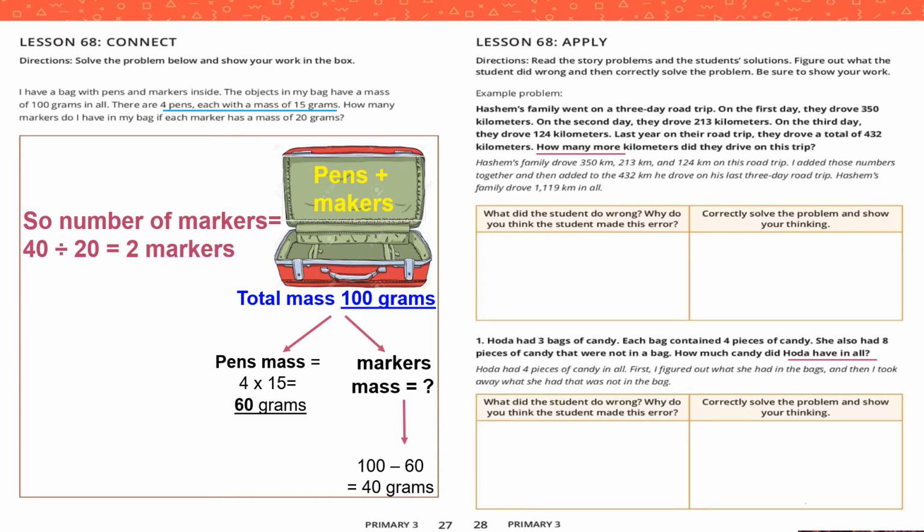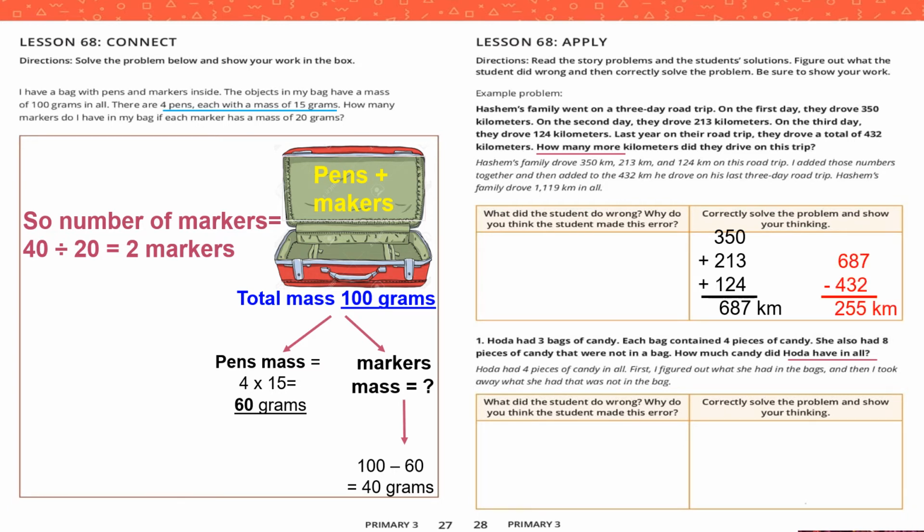Sure, I should subtract. So I will add the kilometers for the first day, second day and third day. All of them equal 687 kilometers. To know the difference between this trip and last year's trip, I should subtract.